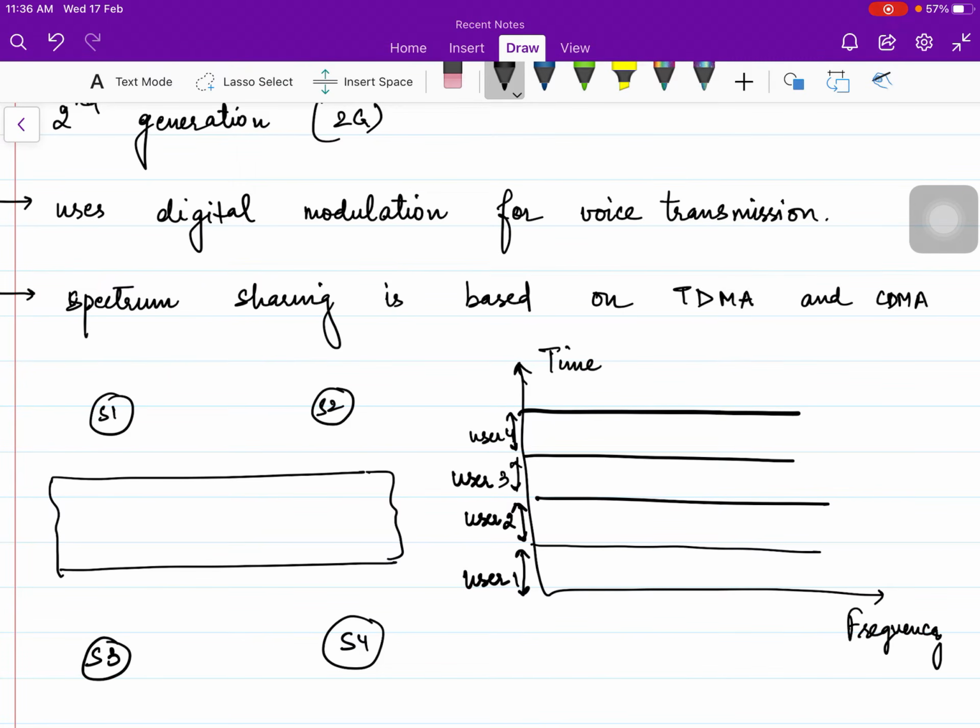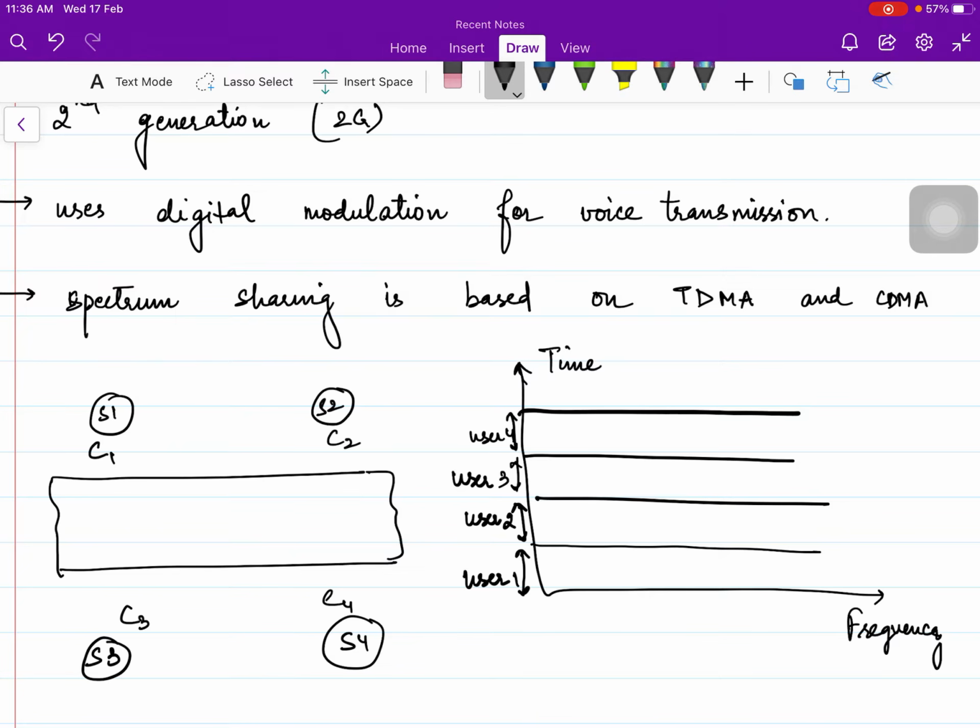These 4 users want to access this channel. Now every user will be allotted a specific code, that is C1, C2, C3, C4, and each code is unique. So they will be allotted the code and on the basis of the codes they will be accessing the channel. So that was just an overview. Later on we will study CDMA in detail.